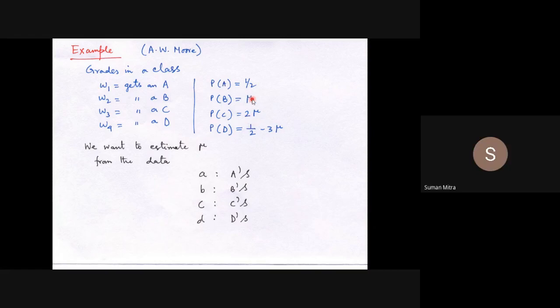In this case, mu should be such that mu is between 0 and 1, twice mu is between 0 and 1, and half minus 3 mu is also between 0 and 1. Right? So your initial guess of mu should be like that.